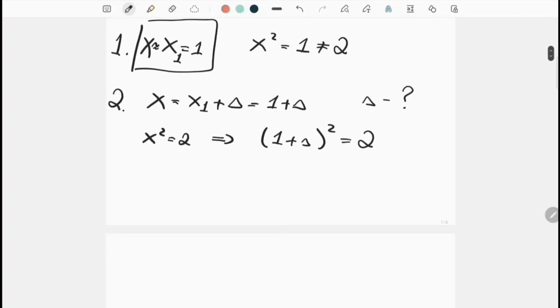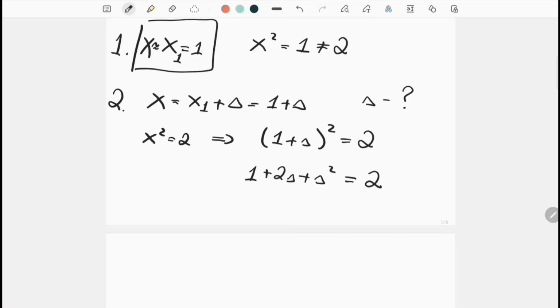To do this, remember that x squared equals 2, and therefore (1 plus delta) squared equals 2. Now we open the brackets on the left side of this equation and we obtain 1 plus 2 delta plus delta squared equals 2. Now notice that this is a quadratic equation, and the solution of this equation, in fact there are two solutions, is expressed in terms of square roots of some numbers.